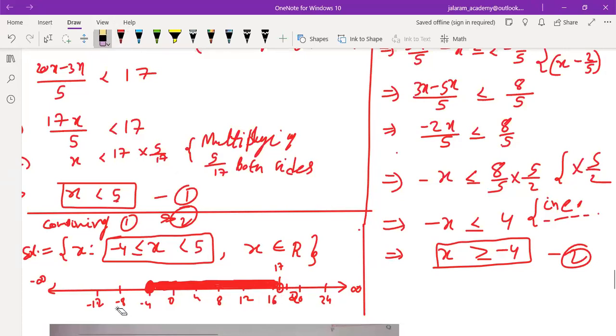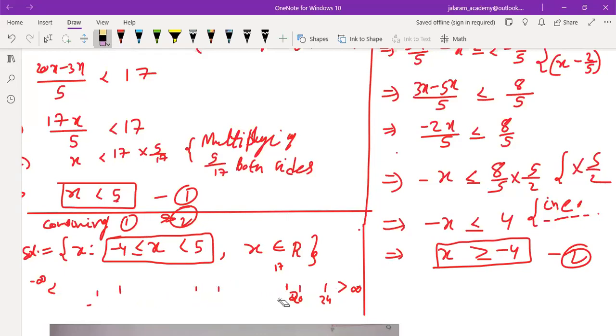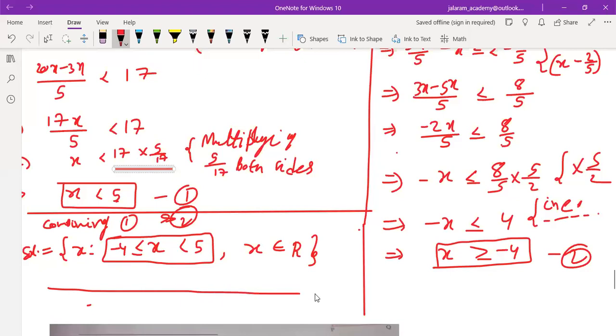So we can draw the number line more clearly. This 17 and 5 by 17, 17 will be cancelled out, by mistake I have written it as 17.